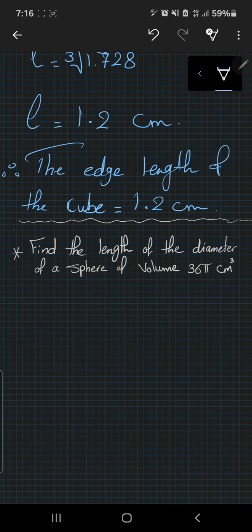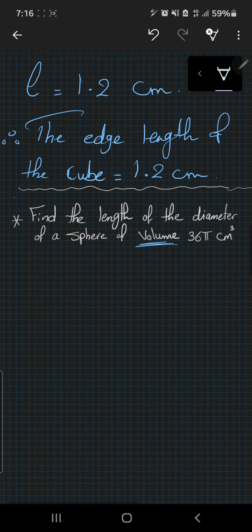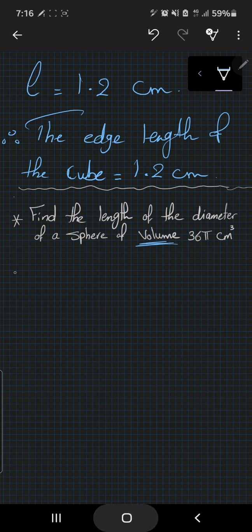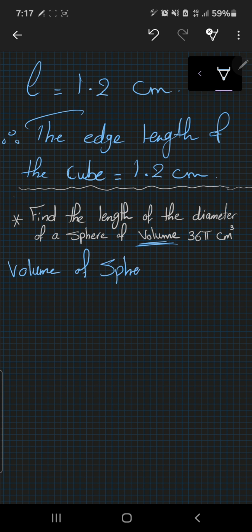Okay, another example. Find the length of the diameter of a sphere of volume 36 pi. Also, the volume of a sphere, first write the law. So the volume of a sphere is 4 over 3 pi r cubed. By substitution, the volume is 36 pi.